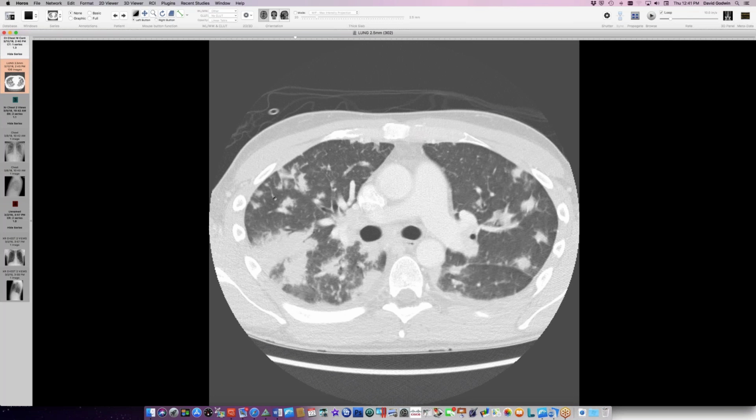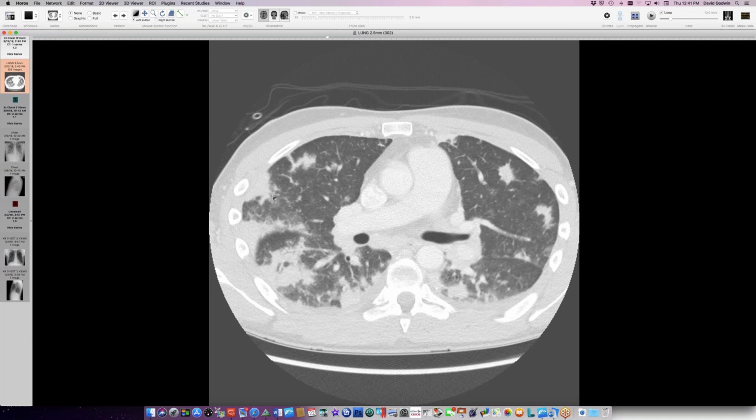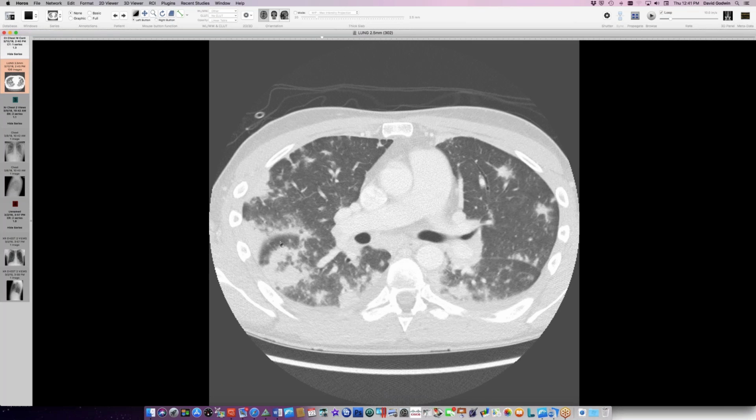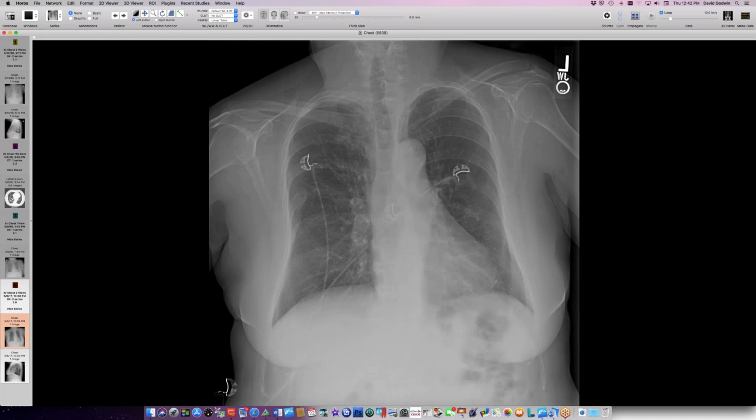So he did have absolute and relative eosinophilia, and eosinophilic pneumonia. They looked hard for vasculitis and did not see anything that would go with vasculitis, so this is presumed an idiopathic eosinophilic pneumonia. He was put on steroids and felt better within a few hours of getting corticosteroids, and is going to go back home to Australia.